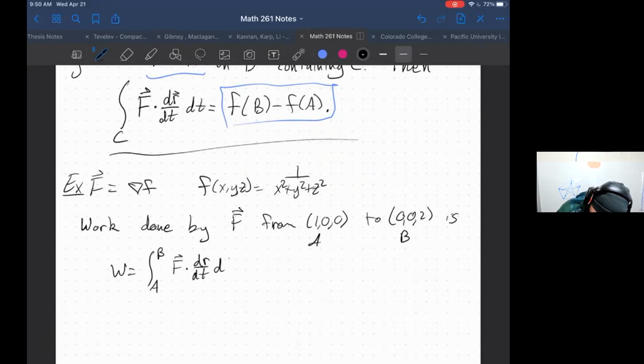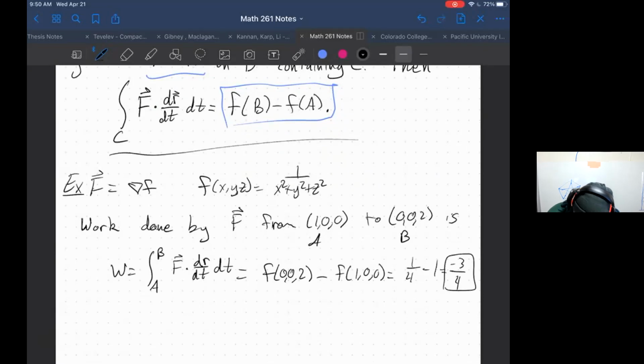Don't really care what dr dt is. Don't care about a parameterization, because you can just say this is f of (0,0,2) minus f of (1,0,0), which is 1/4 minus 1, negative 3/4. That's it.